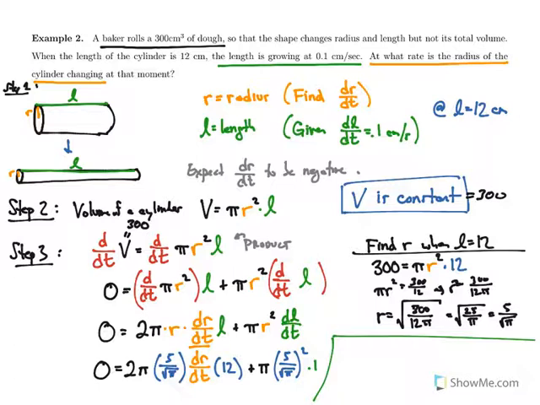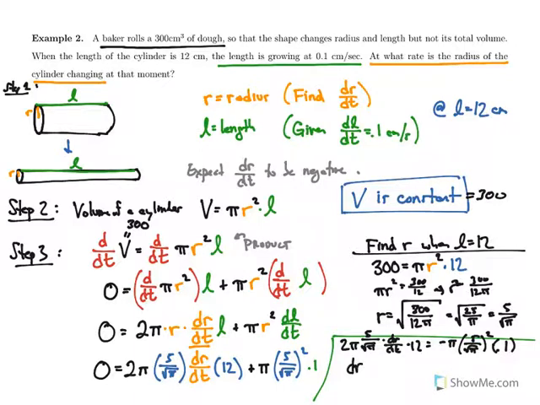So we could write that 2 pi times 5 over square root of pi times dR/dt times 12 is equal to negative pi times 5 over square root of pi squared times 0.1.